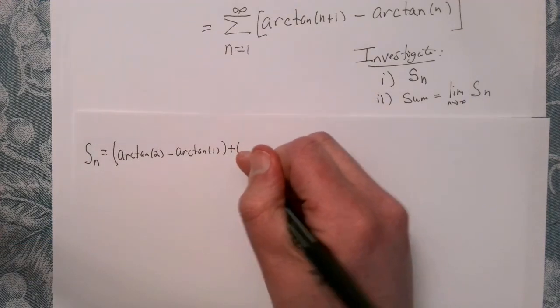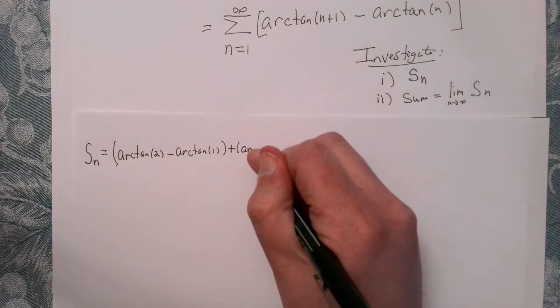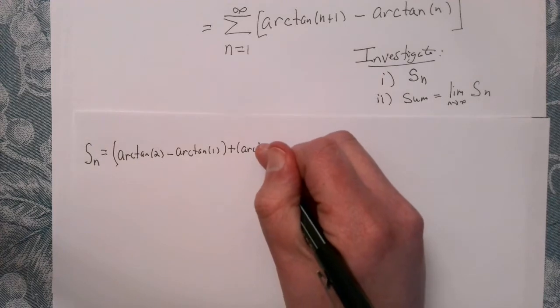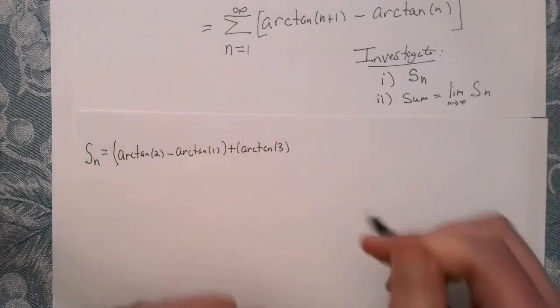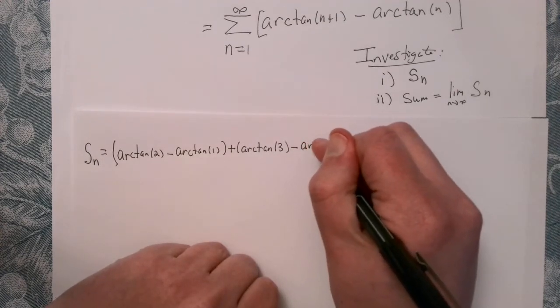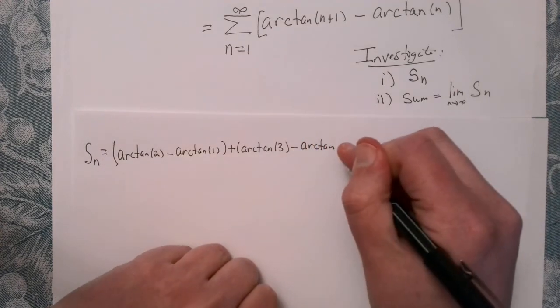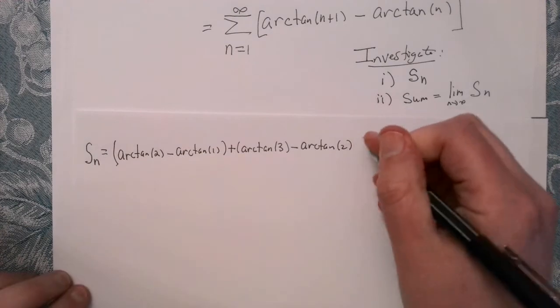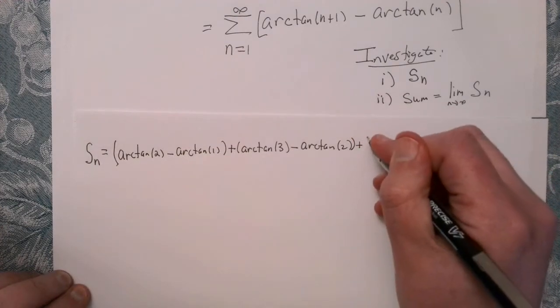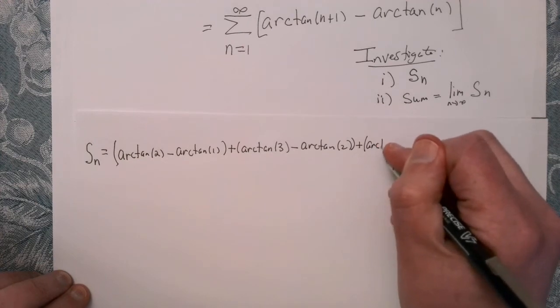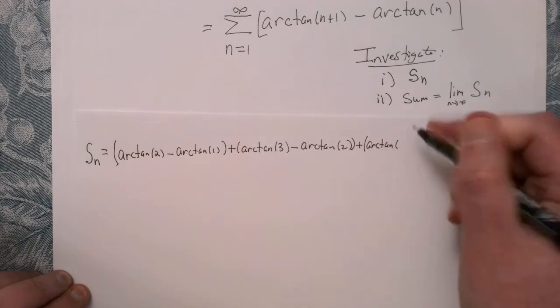So if I plug 2 in, I'm going to have the arctan of 3 minus the arctan of 2. Seems good so far. Okay, so now we plug, looks like 3. We plug 3 in, we get arctan of 4 minus the arctan of 3.